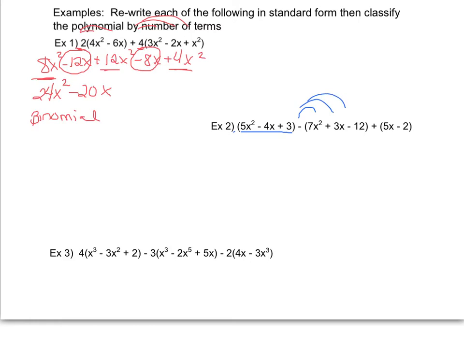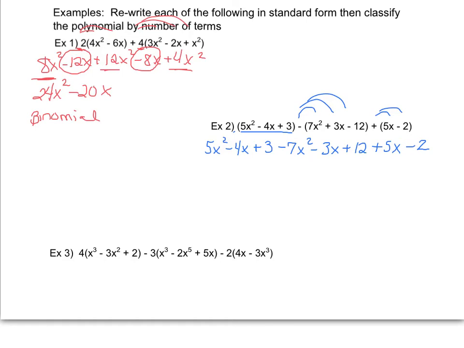And I know that distributing a plus 1 really isn't going to change anything, but I can go through that motion back there, giving me 5x squared minus 4x plus 3. Again, distributing that minus all the way through, so minus 7x squared minus 3x, that minus 12 becomes plus 12. Distributing the positive, a positive times a positive 5 is still a positive 5. A positive times a negative 2 is still a negative 2.